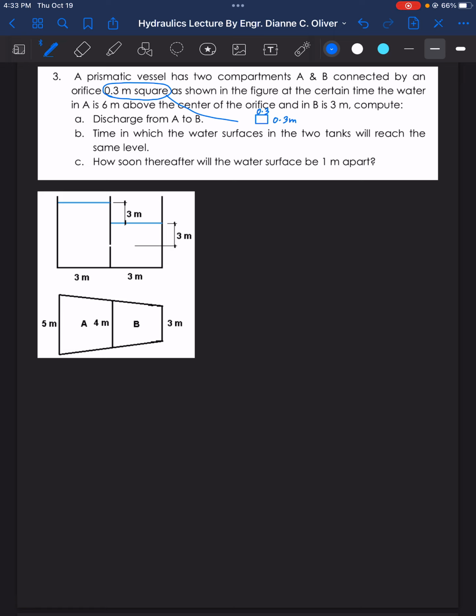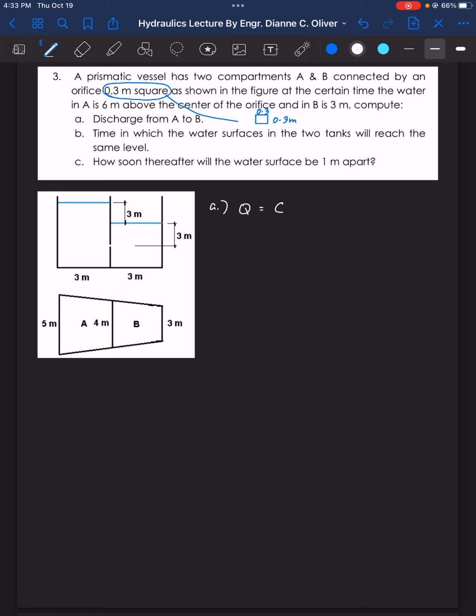Okay. For letter A, discharge from A to B. So we're looking for the discharge. For letter A, the formula is Q is equal to the coefficient of discharge. It's actually given in the problem, as I forgot to put here.